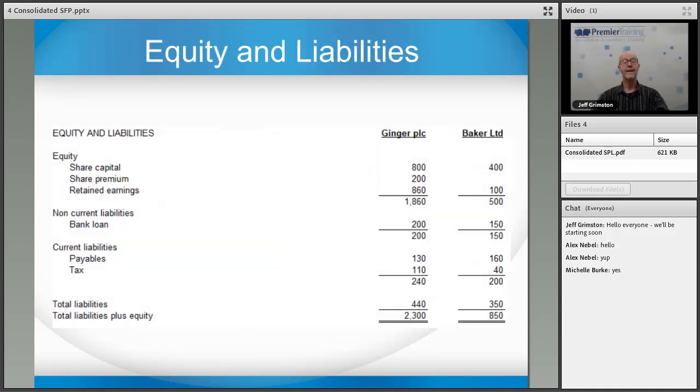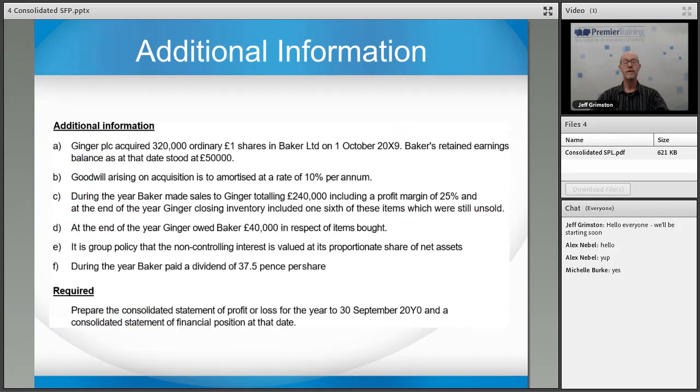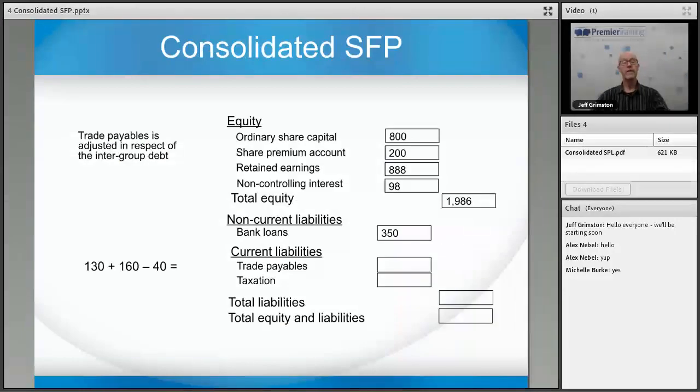So this was payables: 130 owed by Ginger, including 40 to Baker, 160 owed by Baker, less item D, 40,000 owed internally. So 130 plus 160, take away the 40, gives us 250.